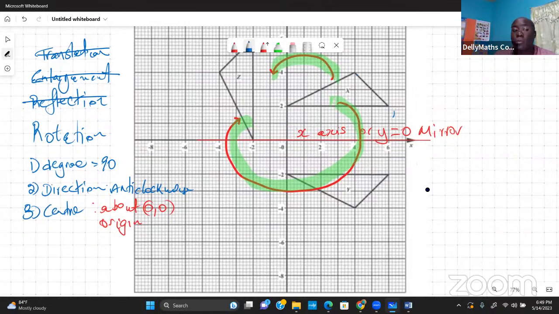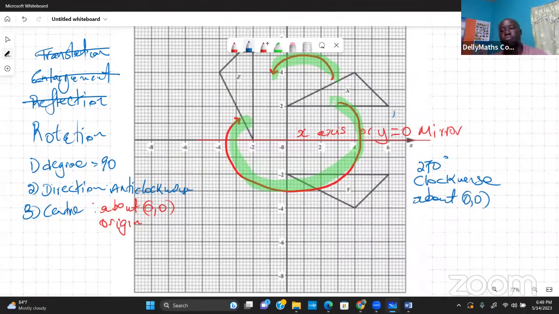I could say my degree is 270 degrees clockwise about 0, 0. So it is a rotation of clockwise 270 about 0, 0, or 90 degrees anti-clockwise about 0, 0. We'll get the marks and we are good right there.